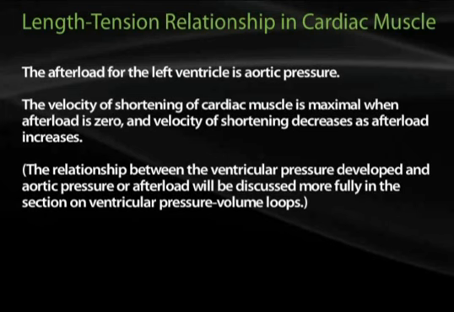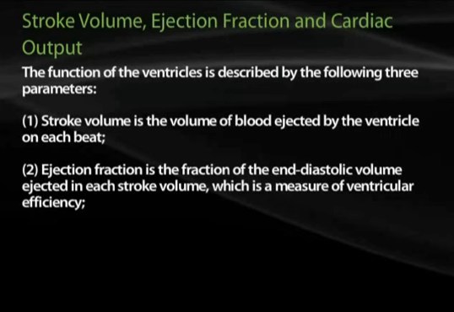The velocity of shortening decreases as afterload or aortic pressure increases. The relationship between the ventricular pressure developed and the aortic pressure or afterload will be discussed more fully in the section on the ventricular pressure volume loops.